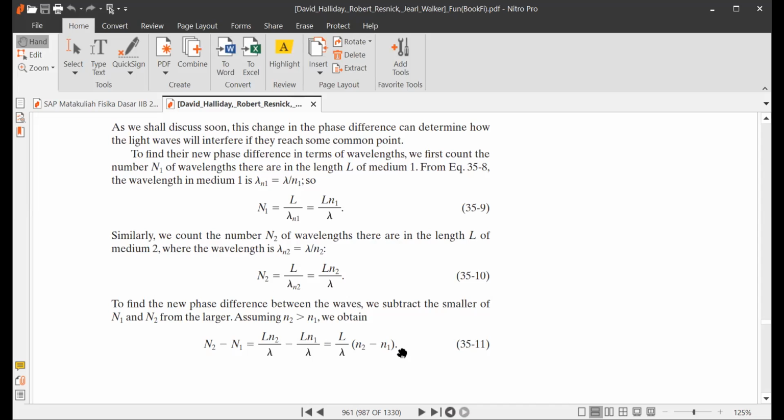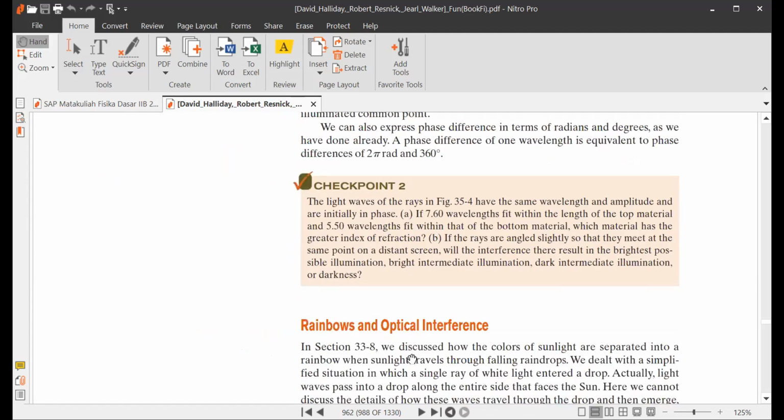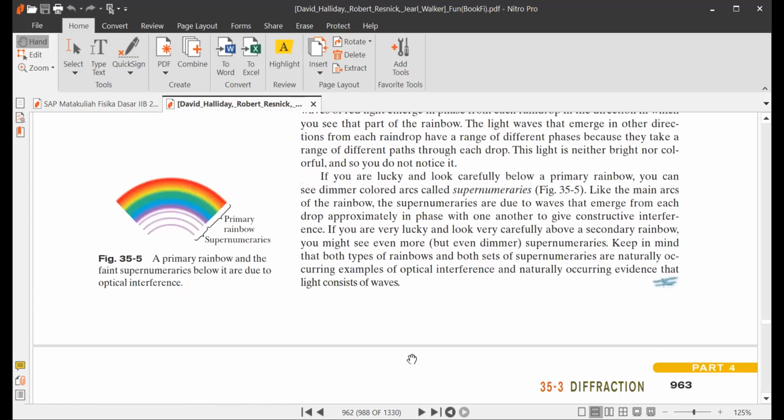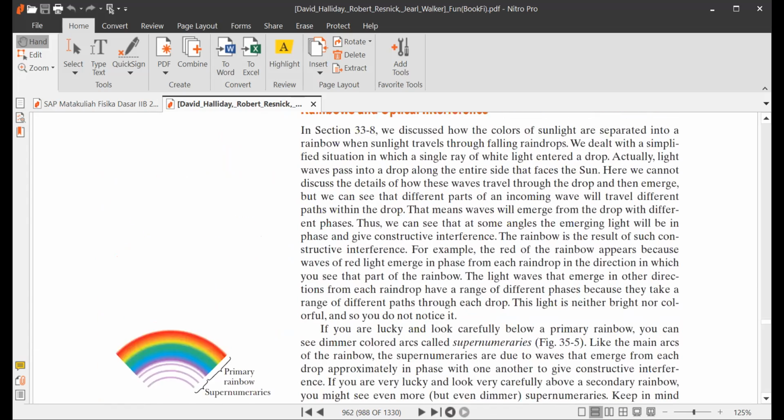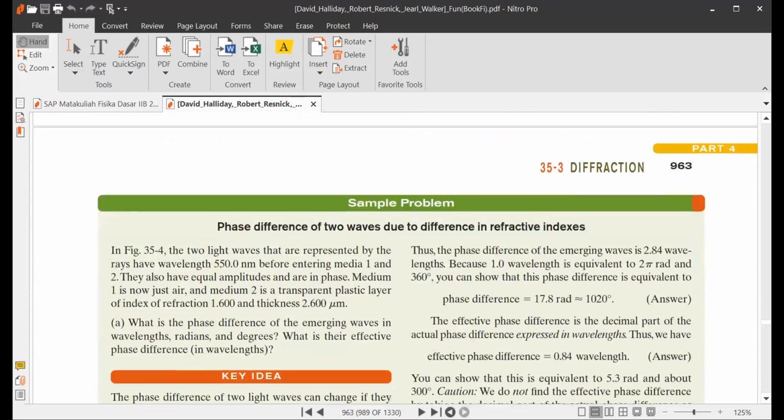So the difference in the number of wavelengths is proportional to the difference between the indices of refraction. We will discuss it later.